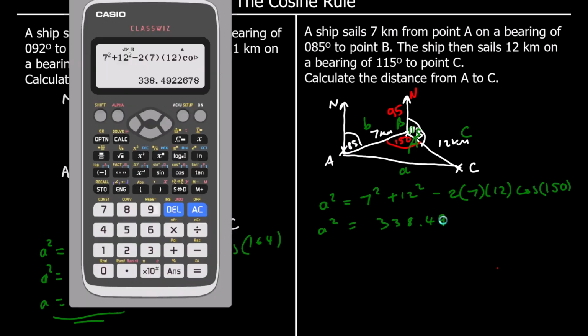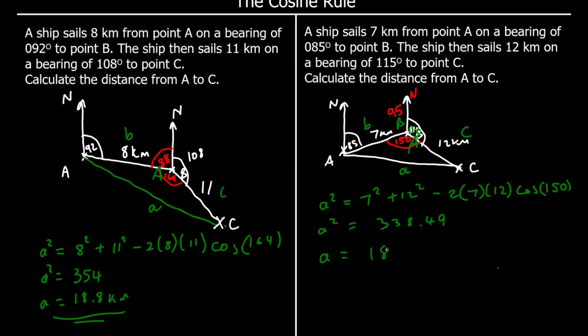Square root the answer for 18.4. So it's 18.4 kilometers.